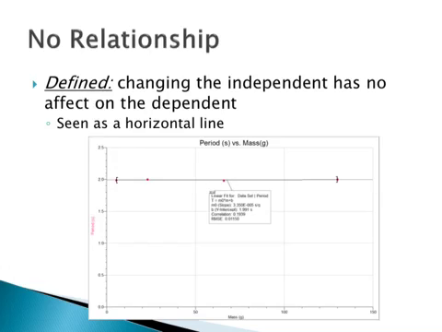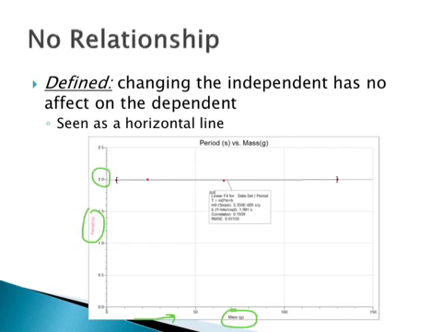Looking at this type of relationship, if we thought that, for example, in this graph, the mass was our independent variable, and we wanted to see how it affected something called the period, which is a measurement of time, notice we get a horizontal line. Now, if you think what a horizontal line means, starting at 0, 0, in the x-axis, our mass is saying as I increase my mass, by going to the right, the period is not changing, it's staying at about 2 seconds.